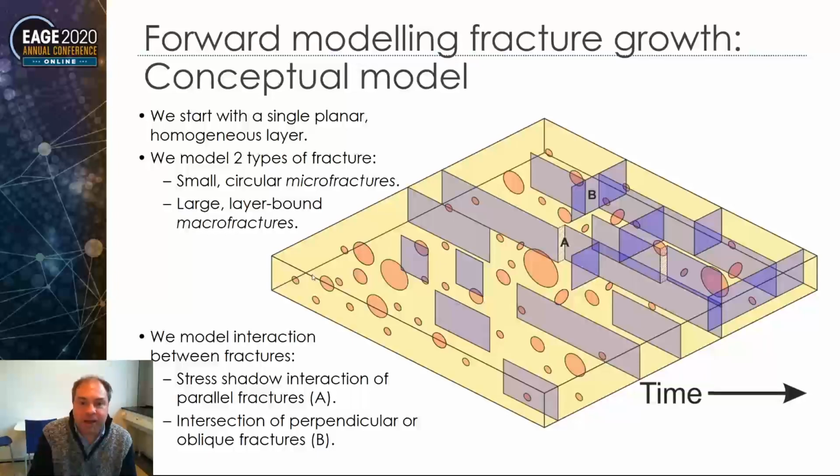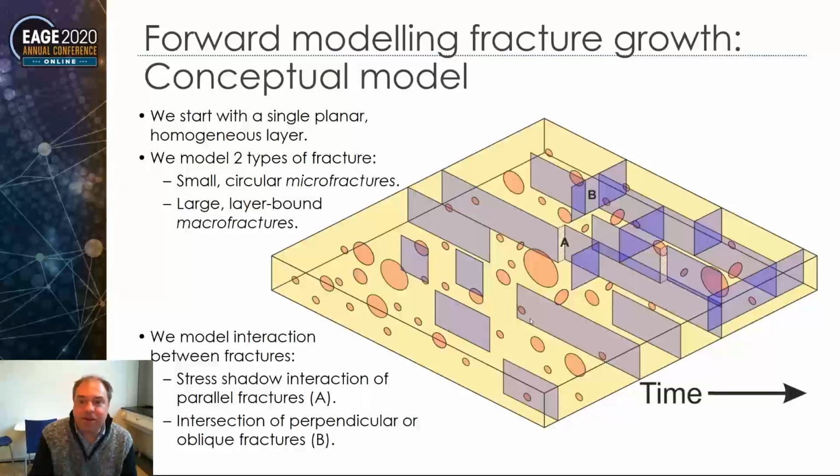As we apply a horizontal extensional strain to the layer, this generates a stress concentration around the tips of these microfractures, and they start to grow. Eventually they will reach the top and bottom of the layer, whereupon they cannot grow vertically, but they can continue to grow laterally, forming layer-bound fractures.